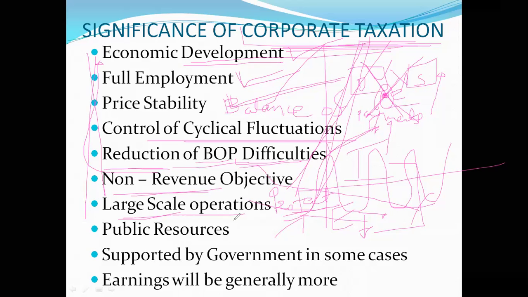Okay. Then, at your degree level, you have studied about different types of companies: public company, private company, local company, foreign company, national company, domestic company, like that several companies. In the case of a public company, public resources will be there.